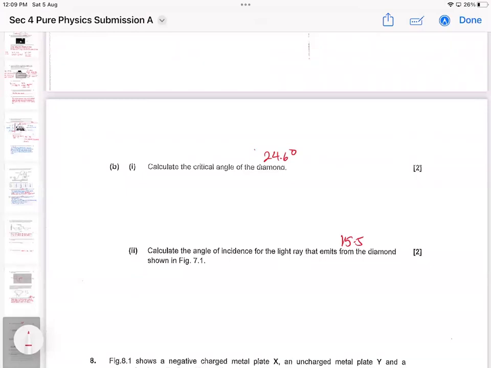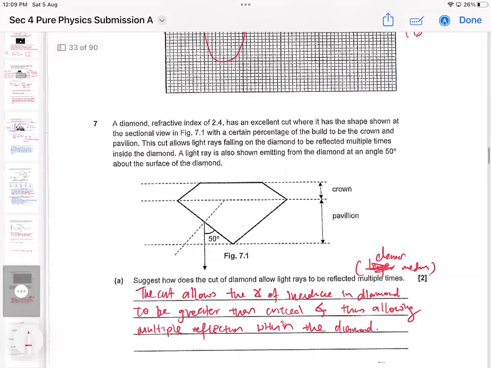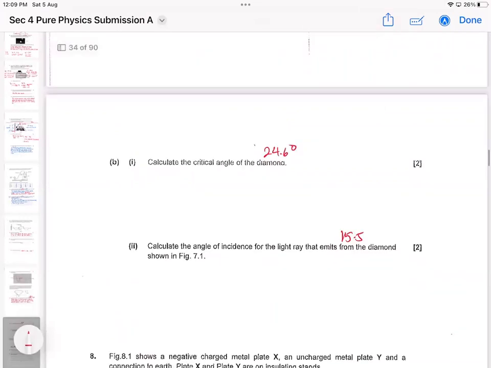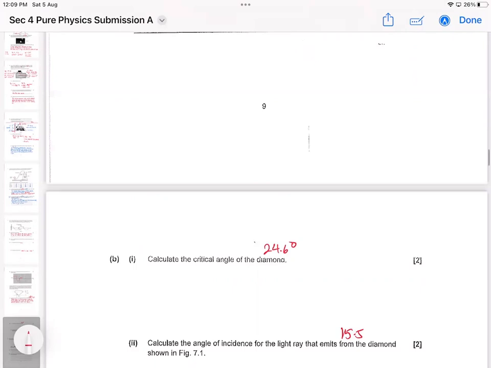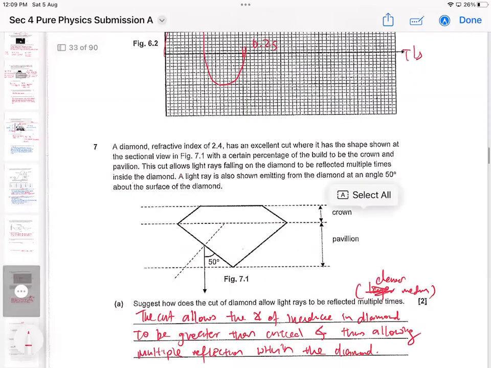Okay, let's do part 2. Calculate the angle of incidence for it to emit from the light. So can I say that over here, this is 40, right?